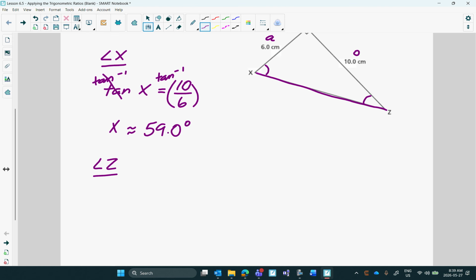I could just do this. 180 minus the 90-degree angle minus the 59-degree angle we just found. And when you do that, you're going to get 31.0 degrees.